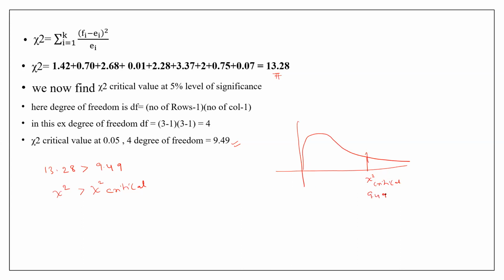If the chi-square value lies in this region, then we have to reject the hypothesis, and if it lies in this region, we accept. 13.28 is more than 9.49, so it is coming here. The chi-square value is greater than 9.49, so we have to reject our null hypothesis and accept the alternative hypothesis.